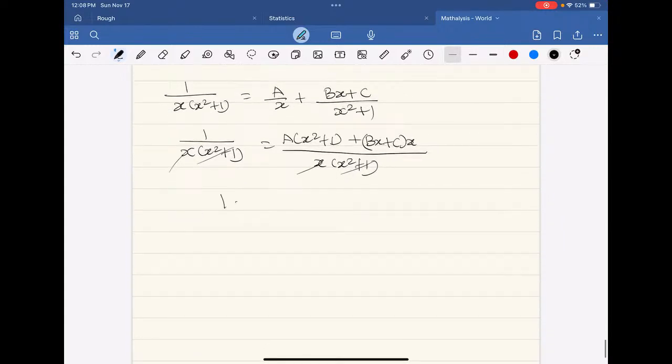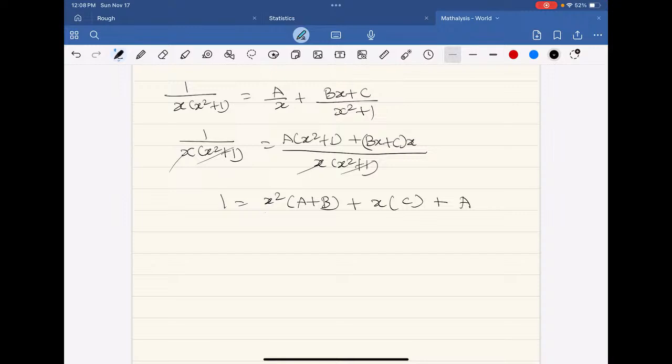Now over here I get 1 equals, for x square the coefficient will be a plus b, for x the coefficient will be c, and for the constant it will be a.